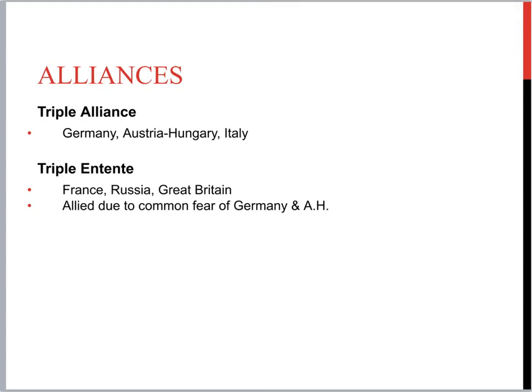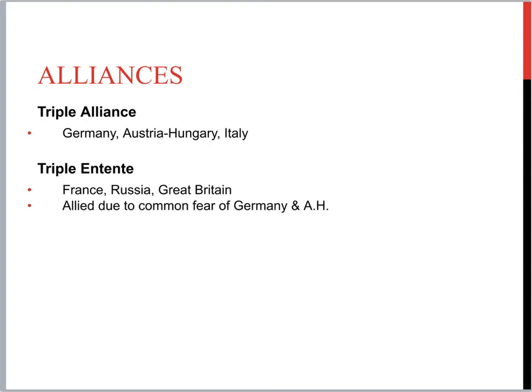Russia had been an ally of Germany, but Kaiser Wilhelm had very little to do with Russia. He disliked the Russians, and he allowed their relationship to go bad. And Russia, feeling that they could no longer trust Germany, decided to push over to France, and that's where the Triple Entente came from.